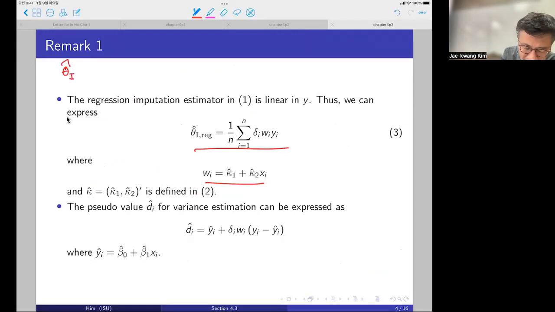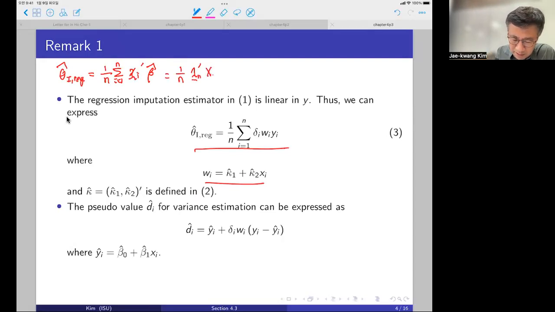So theta hat regression, the regression imputation estimator, is 1 over n times the sum of x_i prime beta hat. If you use vector notation, let's use all vector notation, it is 1 over n, 1_n prime X_n, then X_n prime Delta_n X_n inverse X_n prime Delta_n y. So using matrix notation, this is your estimator end of the day.